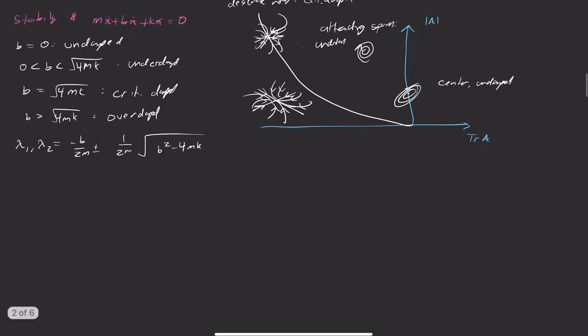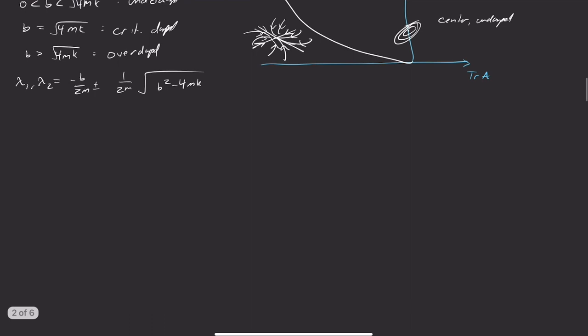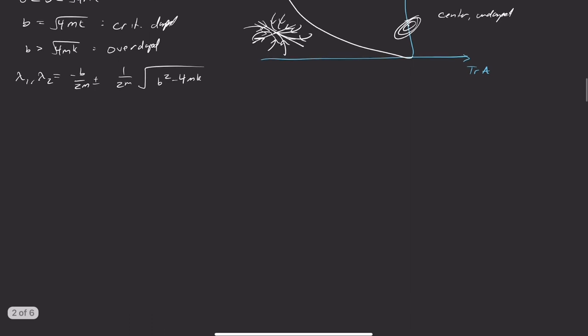Okay, now let's talk more about solving systems of differential equations. These are equations of the form x prime vector equals A times vector x.